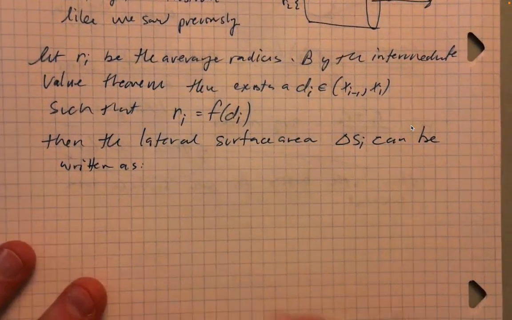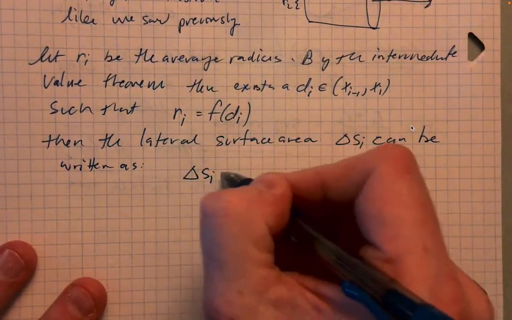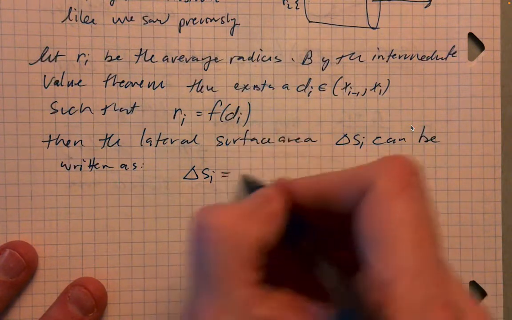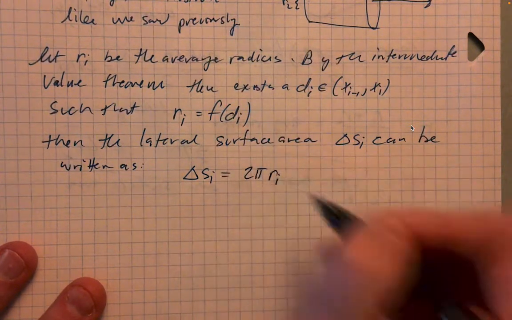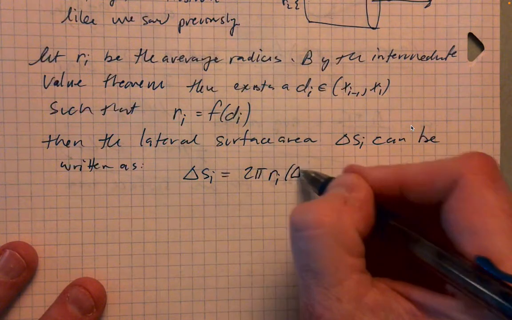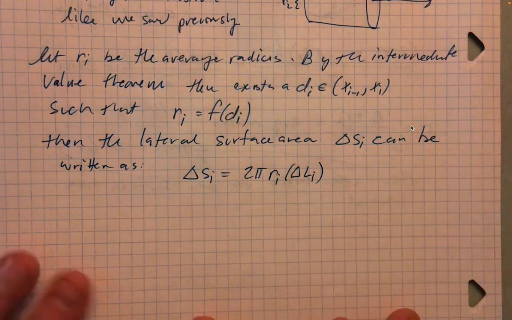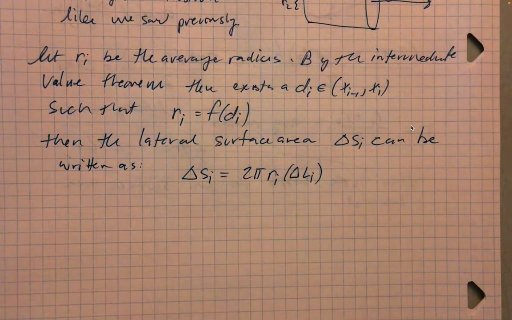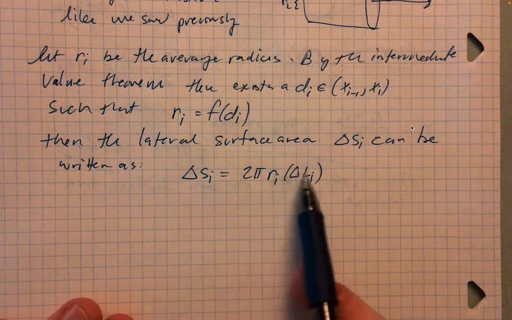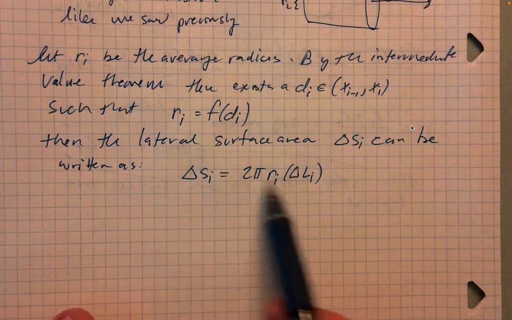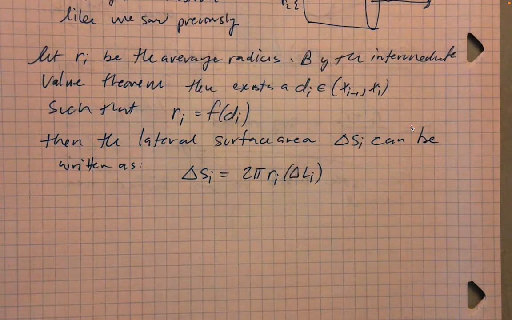Well, delta Si will be equal to 2 pi r of i times delta Li. So this is 2 pi times the radius times the height. You can think of that. We've just substituted in this ri and this delta Li because we're talking about the ith interval.